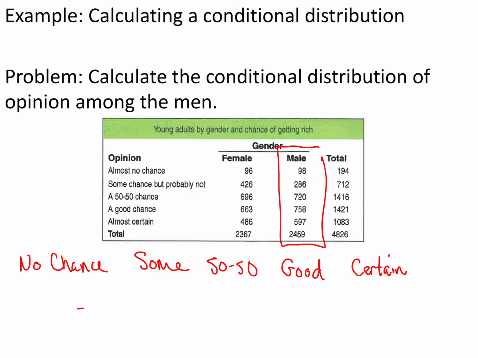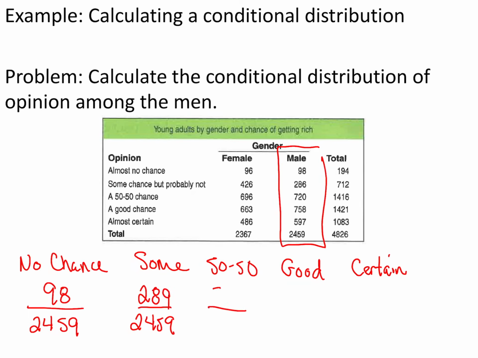For each of those, we know the total number of men who were surveyed was 2,459. Of those surveyed, 98 thought they had no chance of being over middle class. Out of the total number of males, 289 thought there was some chance.